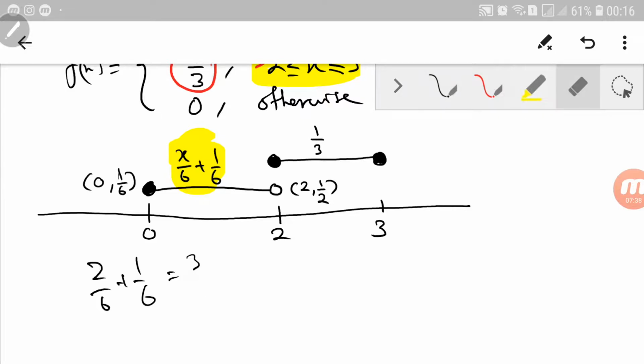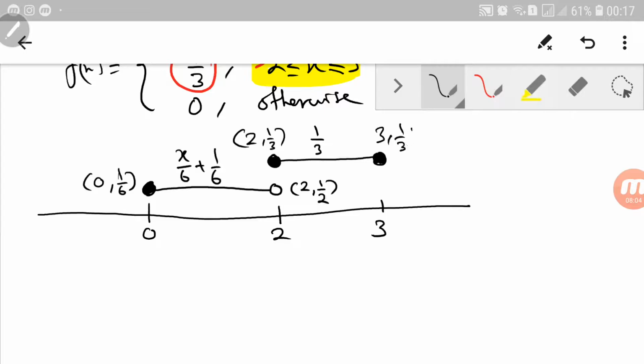Now let's proceed to the next circle, this one. This one is very easy: 1 over 3, and this one too, because this is just y equals 1 over 3. Nothing to calculate here. So we already have the coordinates of all the circles.